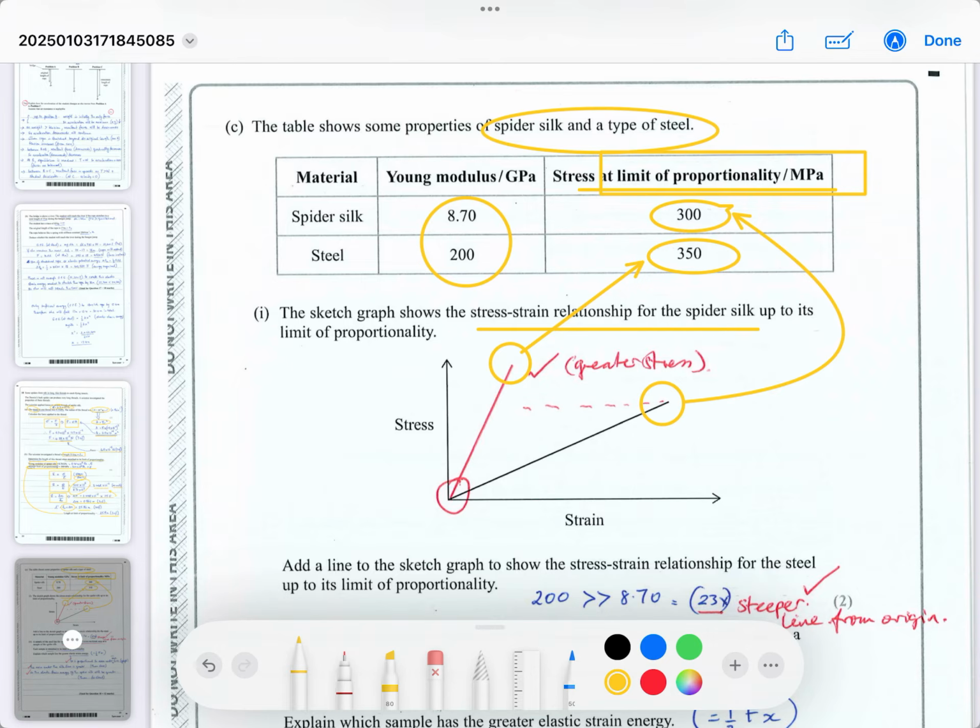And the other thing is, it's going to be much steeper because the Young's modulus is the gradient of a stress-strain graph. So you can see the Young's modulus is 200 compared to 8.7.